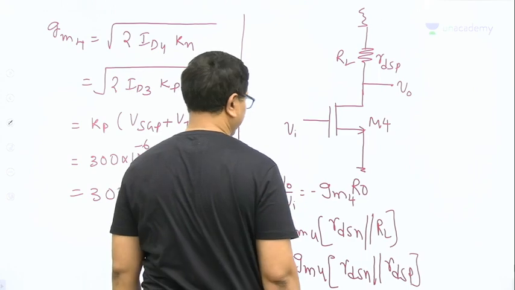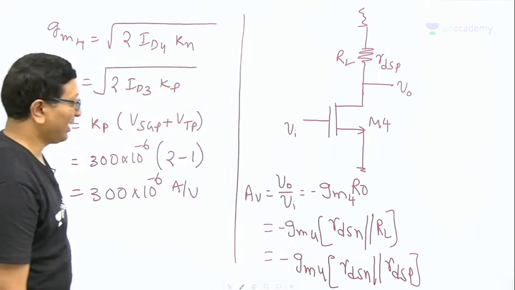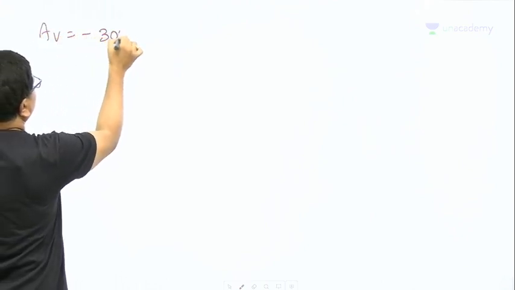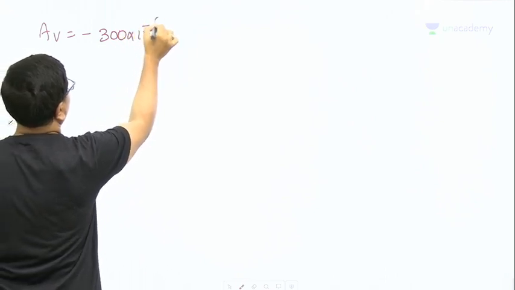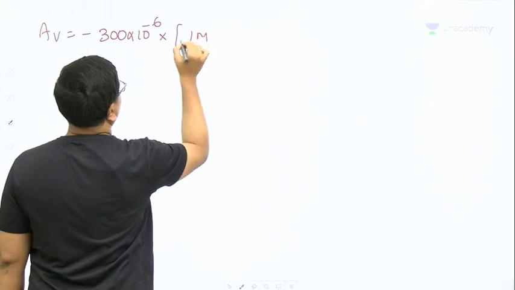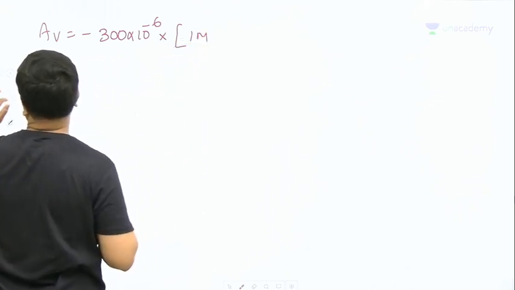Further, if I substitute the values, AV is equal to minus GM, which is found to be 300 into 10 power minus 6, into RDS, which is given as 6 mega.